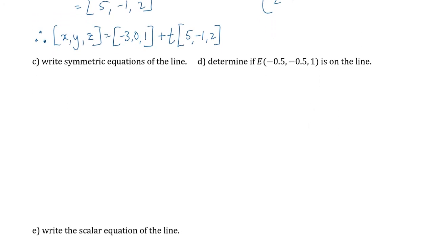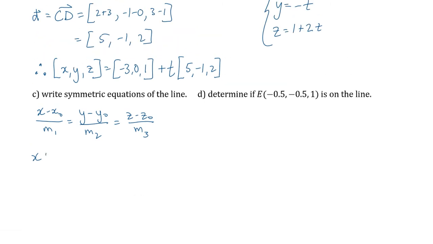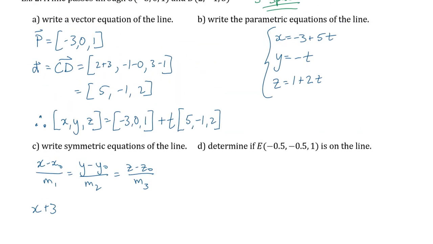So there's your parametric equation of the line. Write the symmetric equation of the line. So remember, symmetric in 2 space, well, in 3 space, it's going to be very similar. z minus z naught over the third component of the direction vector. So this is going to be x minus -3, plus 3, getting that either from here or from here, right?